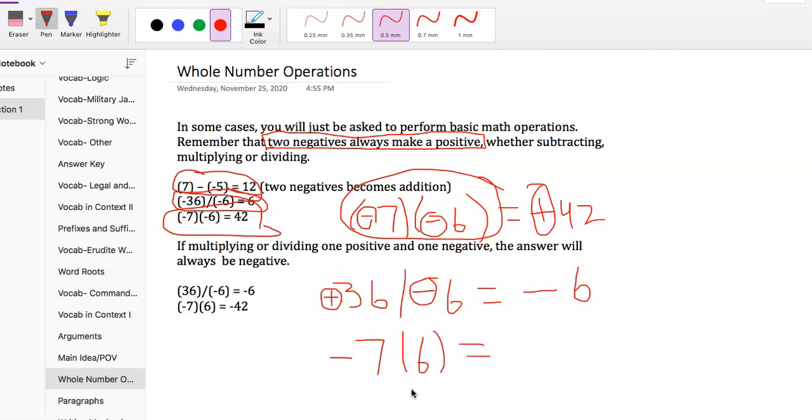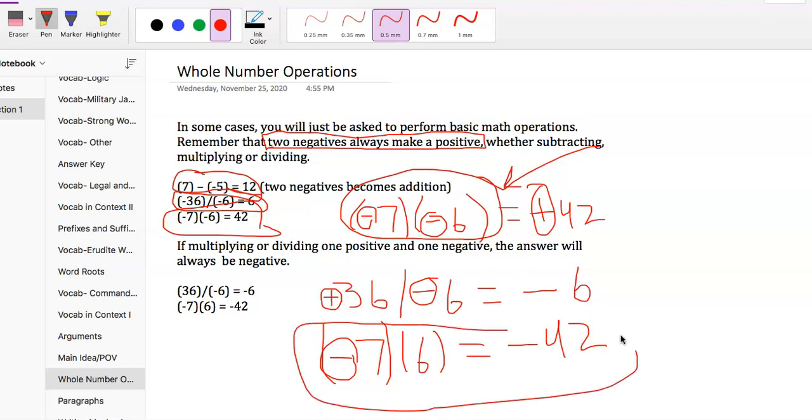Let's put two parentheses so it looks easier to read. Here we have a negative, and nothing over here, so this is positive. One negative and one positive means the answer will be negative 42. Hopefully we can see the difference between this one and this one.